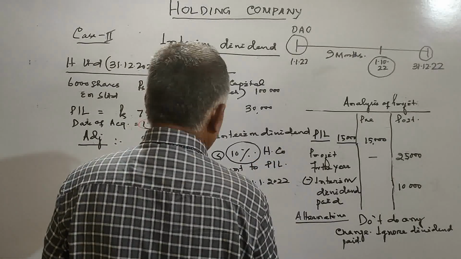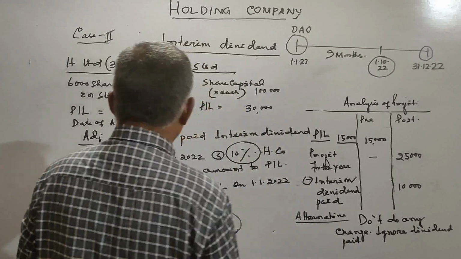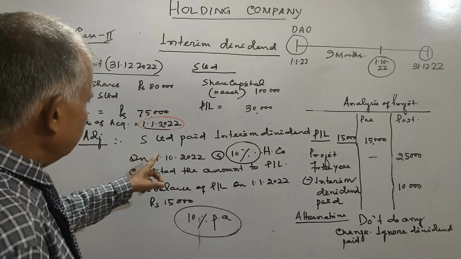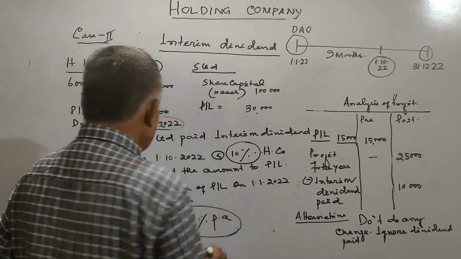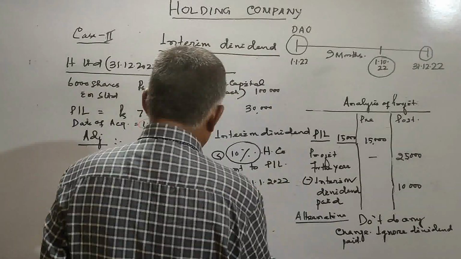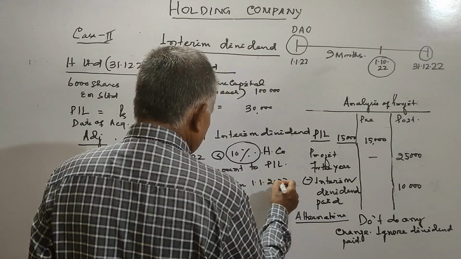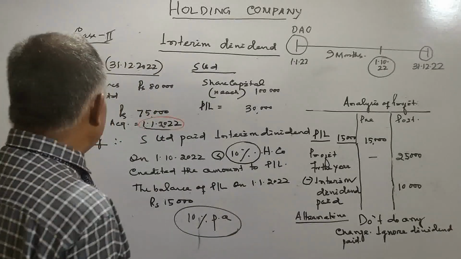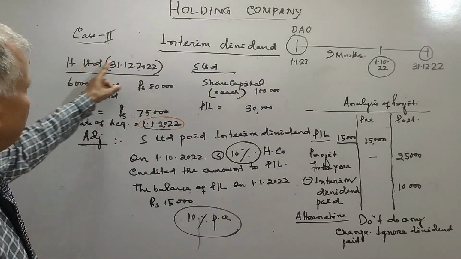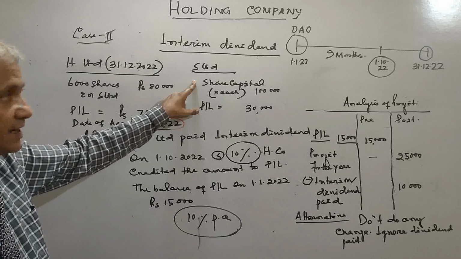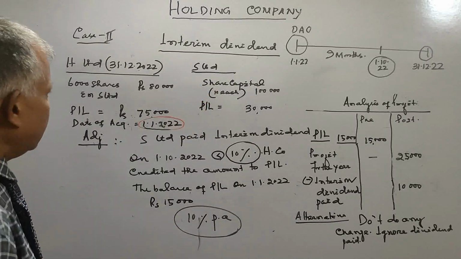S Limited credited the amount to PL, the balance of PL on 1/1/22 is 15,000. Holding company holds 6,000 shares in subsidiary company.